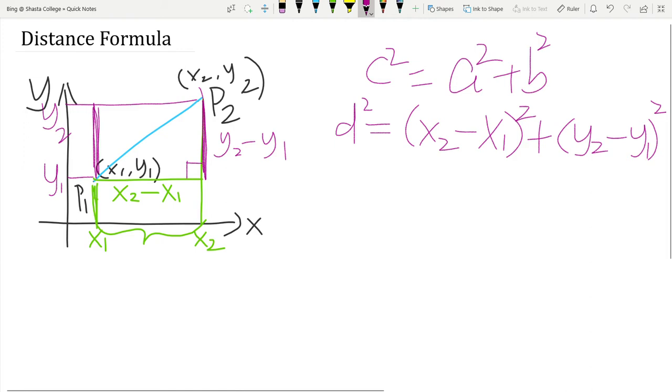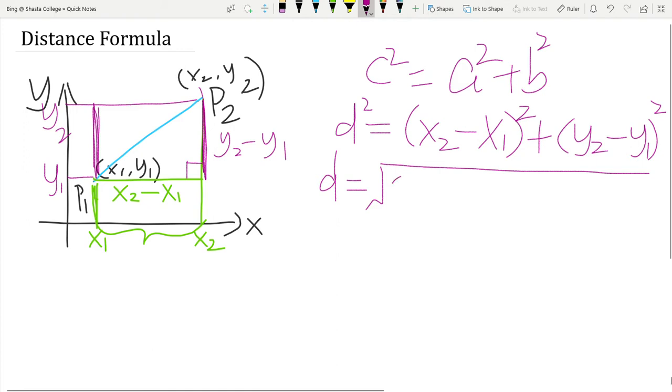Well, this is not the distance formula. This is the distance squared formula. So to find the distance, or to leave d by itself here, we need to take the square root on both sides. So in this case, d equals the square root of, well, since distance is always positive, we don't use the negative value.